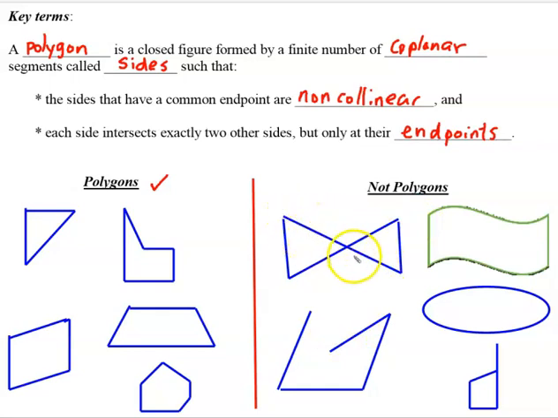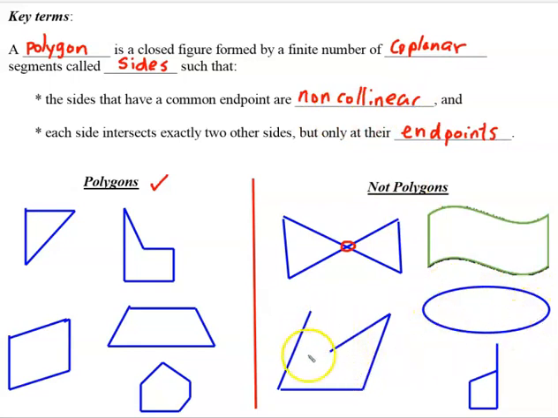We could say here that these two line segments do not just intersect at their end points. They intersect at a midpoint, so that violates this second statement that we made. This green shape is not a polygon because these are not straight line segments. This is a curve, it has to be line segments. This oval shape, it's actually called an ellipse, obviously doesn't fit because we don't have line segments at all.